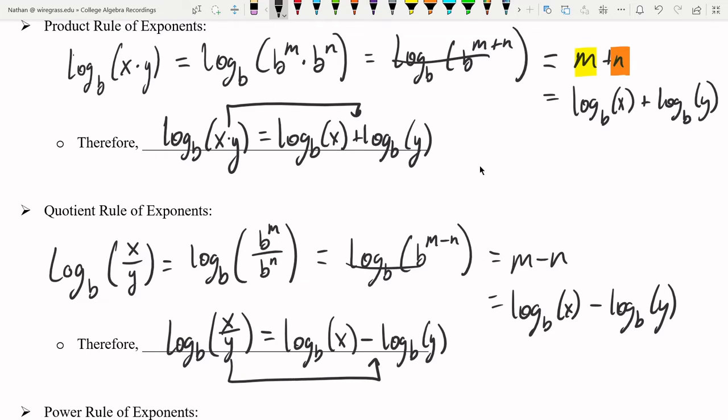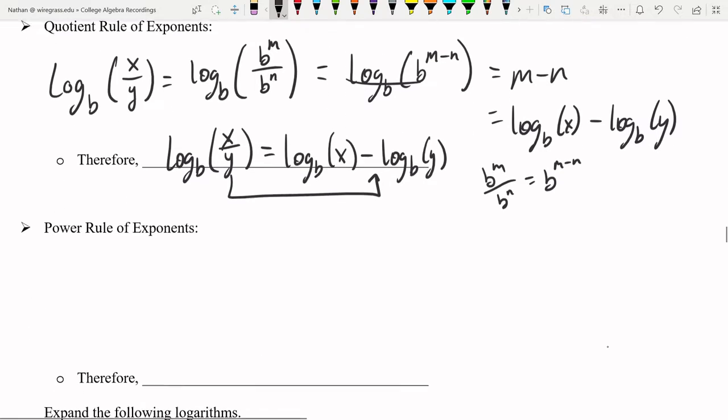This is again based on the fact that b to the m times b to the n is b to the m plus n. Multiplication led to addition, and then b to the m over b to the n was b to the m minus n. Division went to subtraction. Same idea. We actually use these properties in proving this algebraic situation.